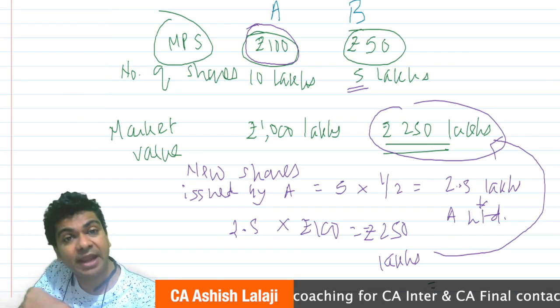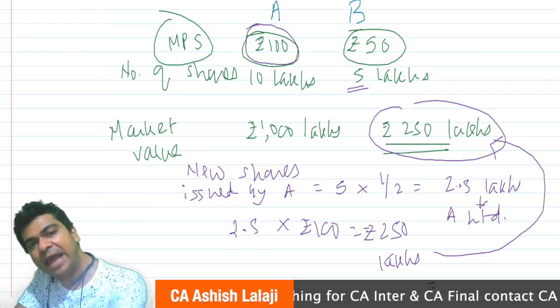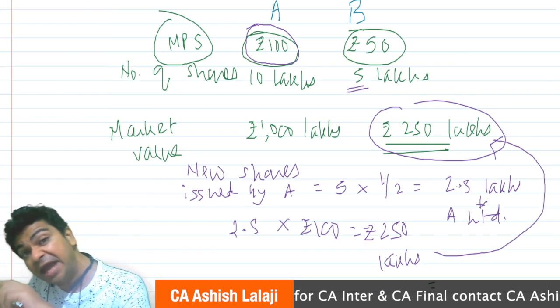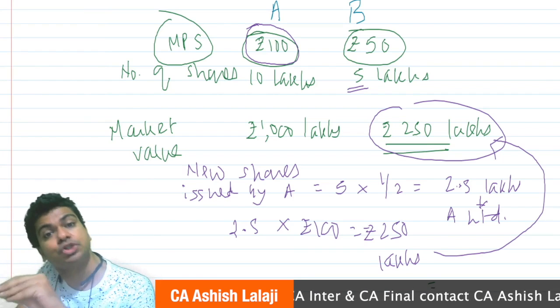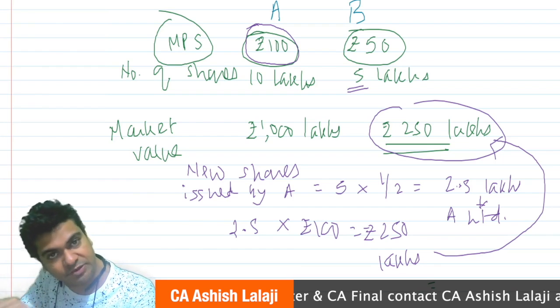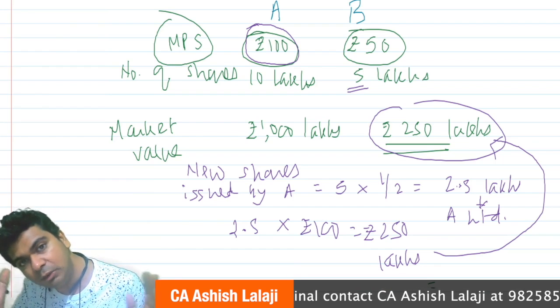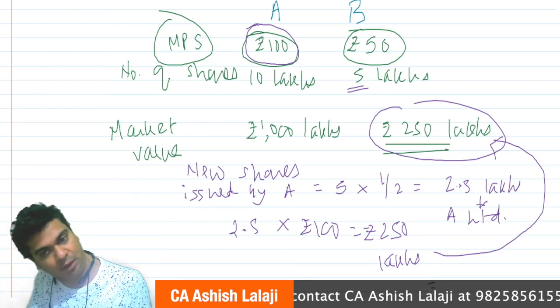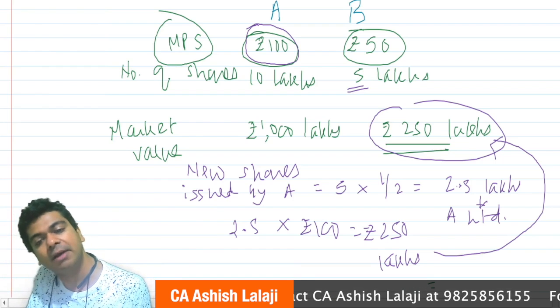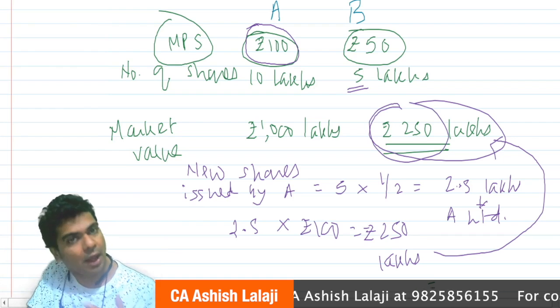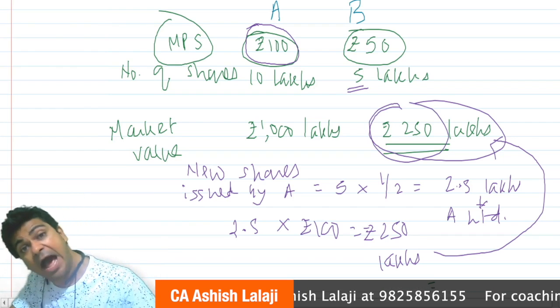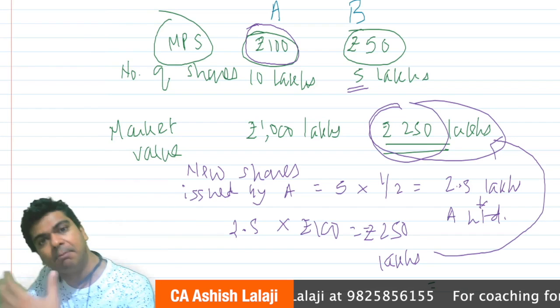One way is that you have cash of 250 lakhs and you pay them 250 lakhs in cash. Another way is we issue shares to the shareholders of the selling company. Understand, right now you are collectively the shareholders of the selling company, and collectively the value of your company is 250 lakhs. I am the purchasing company, and I am offering shares to you in my company.